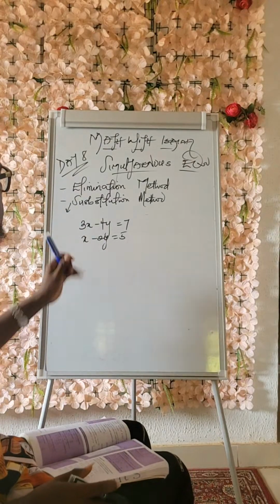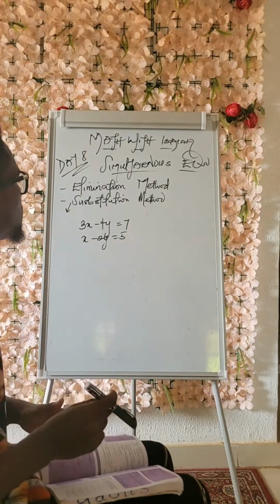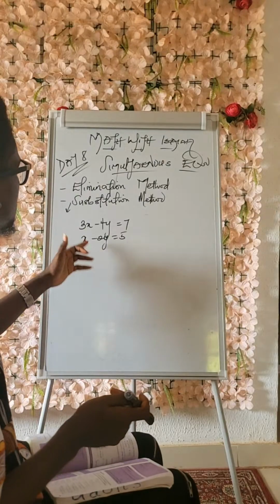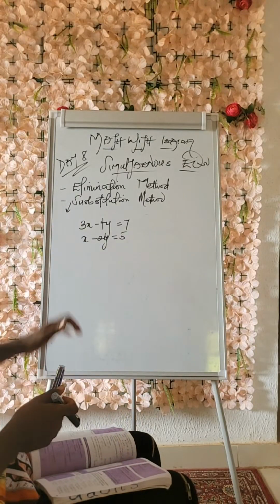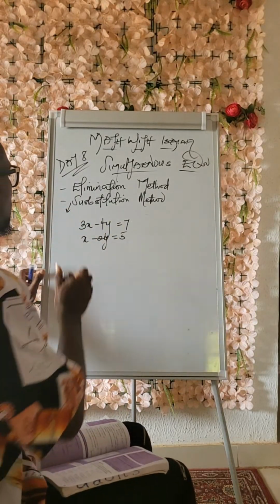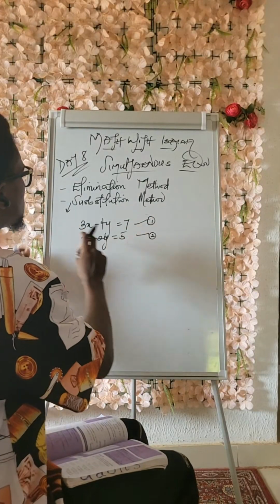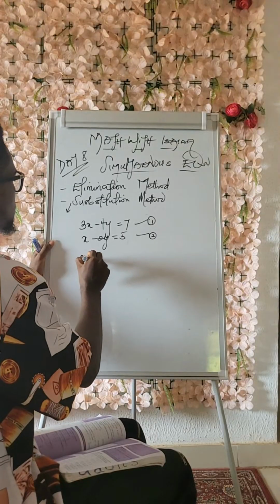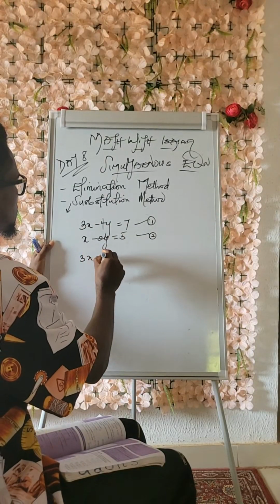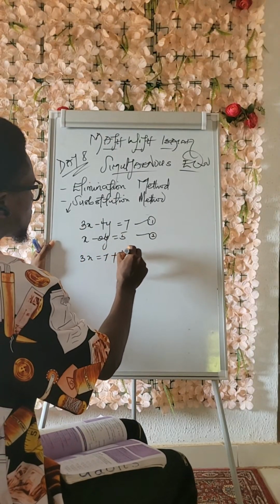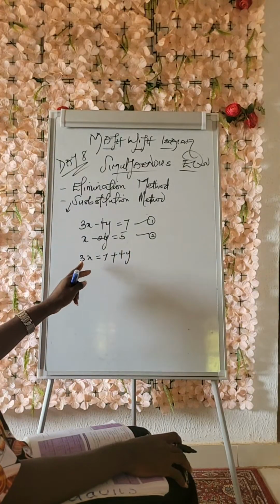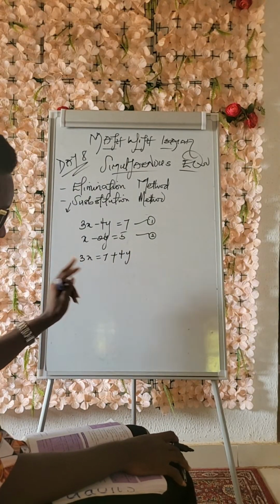Now, same thing. Which one should we make the subject of the formula? This or this? You can pick any one. You can try this. Now, we want to make x the subject of the formula here. This is equation 1, this is equation 2. So 3x, move this outside, equals 7 plus 4y. What do you do? You divide both sides by 3 so that x can stand alone.